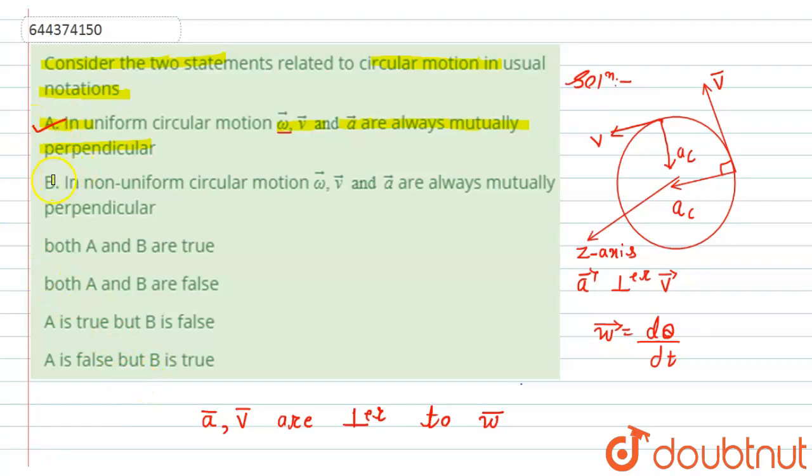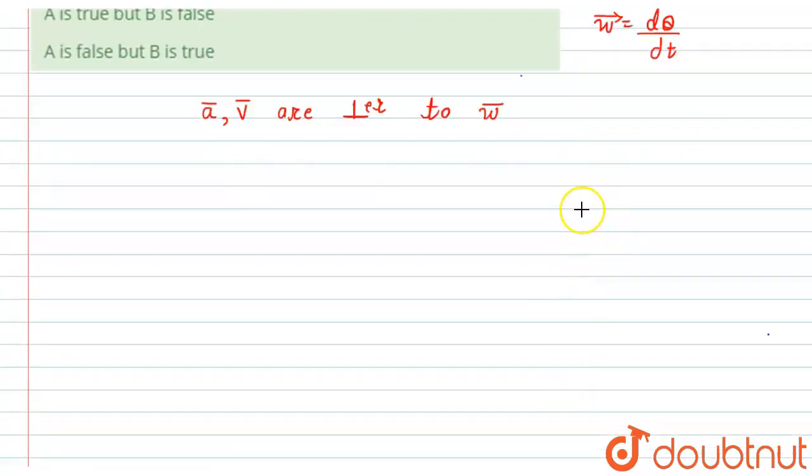Now let's see statement B, that is, in non-uniform circular motion, omega, velocity and the acceleration are always mutually perpendicular. Okay, so the second statement is actually talking about non-uniform circular motion. So let's suppose a particle is doing a non-uniform circular motion with a velocity of v, which will be tangential to this circular motion like this, and let's suppose the radius of the circle is small r.